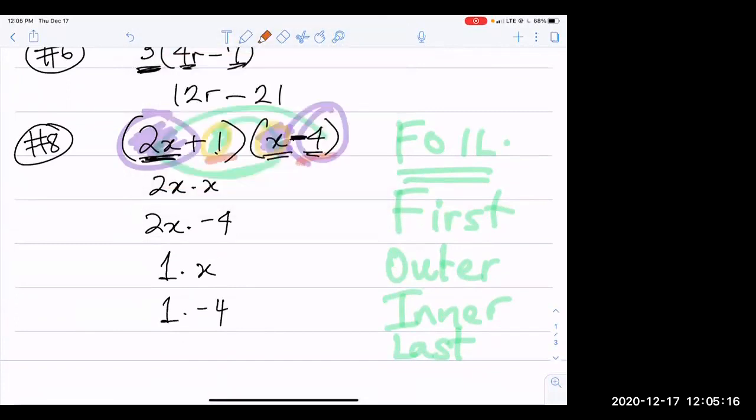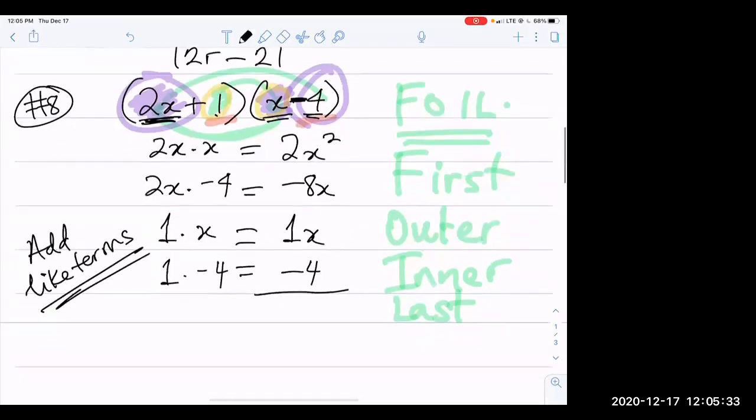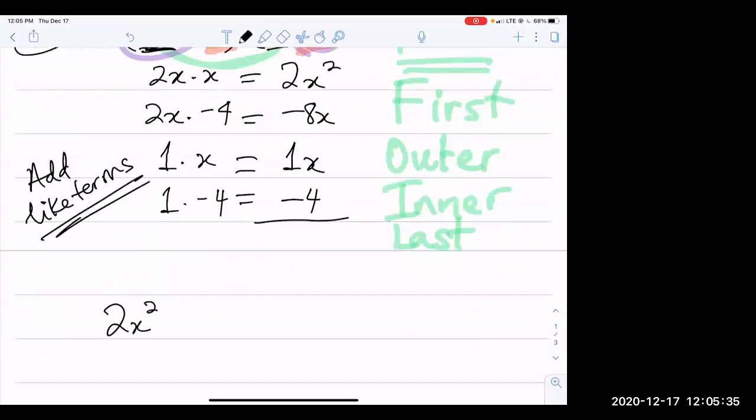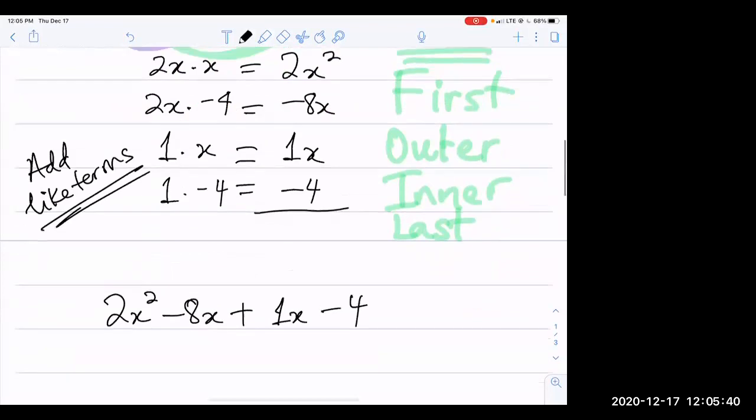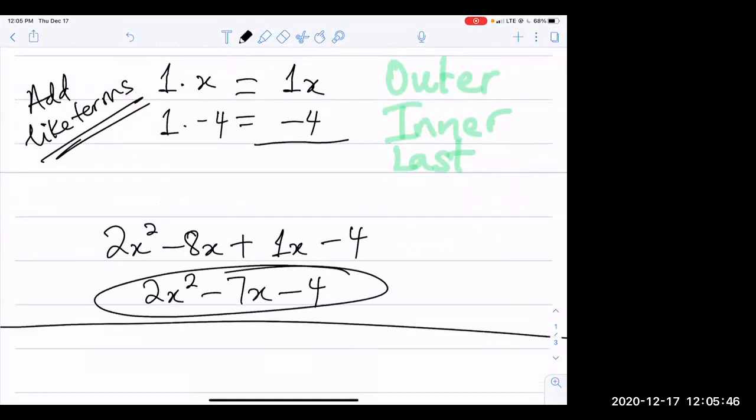So basically those all multiply out, and then we have 2x squared minus 8x, 1x here, and negative 4, right? Then we need to add like terms. So that becomes 2x squared minus 8x plus 1x minus 4. So that's 2x squared minus 7x minus 4. That will be the answer to number 8.